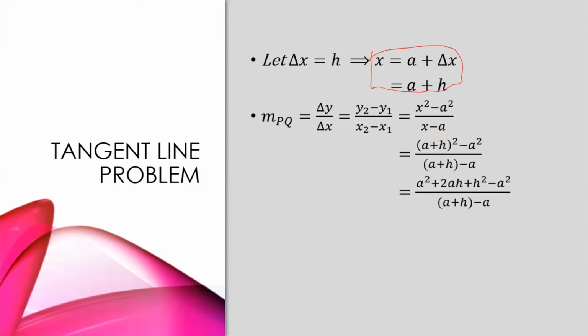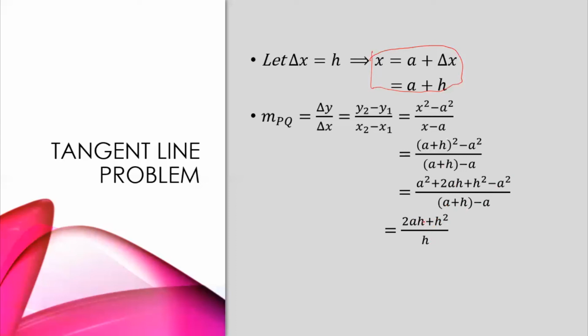Then, we expand the quantity a plus h squared, which becomes a squared plus 2ah plus h squared minus a squared. Simplifying that one, the a squared terms cancel out, and a minus a cancels. So this becomes 2ah plus h squared over h.